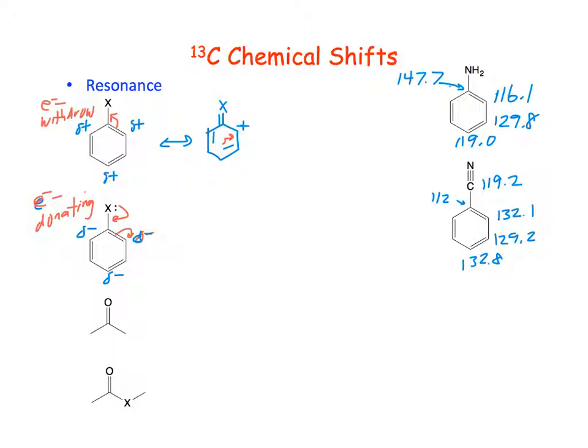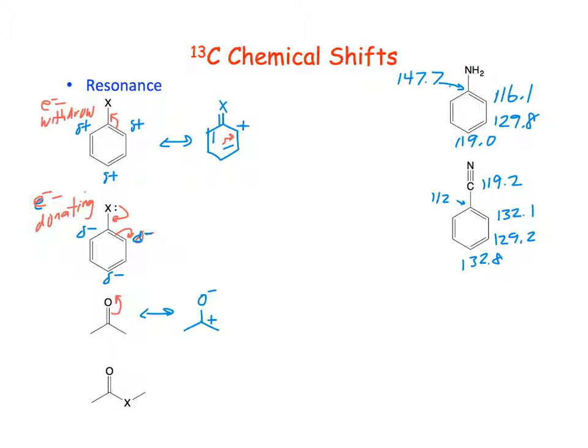So these same type of trends play a role in carbonyl chemical shifts. Right? So when we look at a carbonyl group, the type of resonance we think about is having the oxygen pull the electrons up onto it, giving us a resonance structure with a minus on the oxygen and a plus on the carbon.